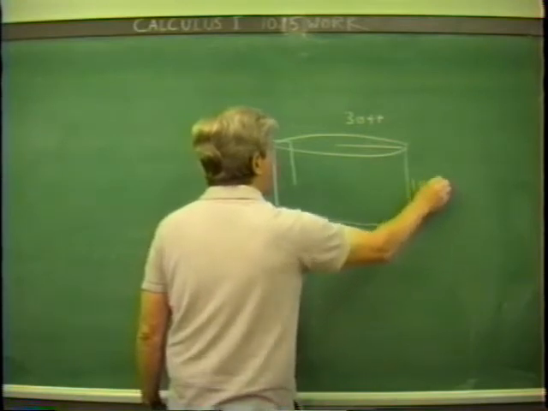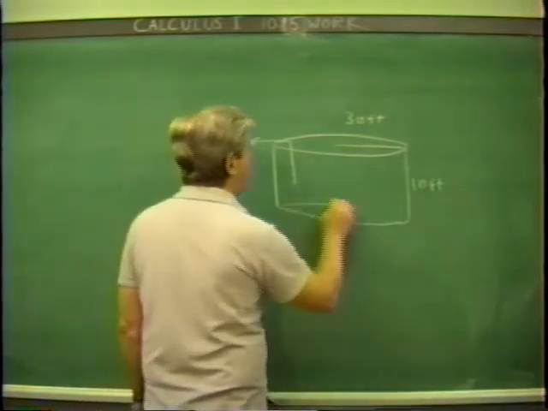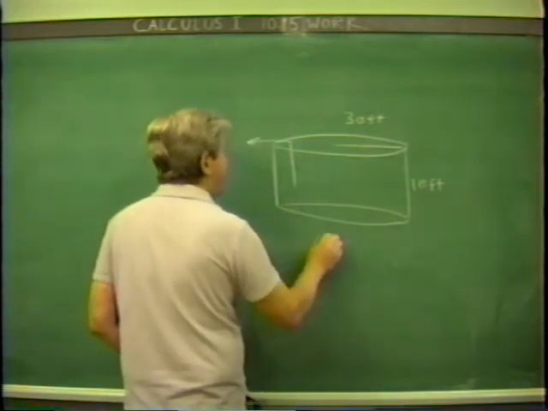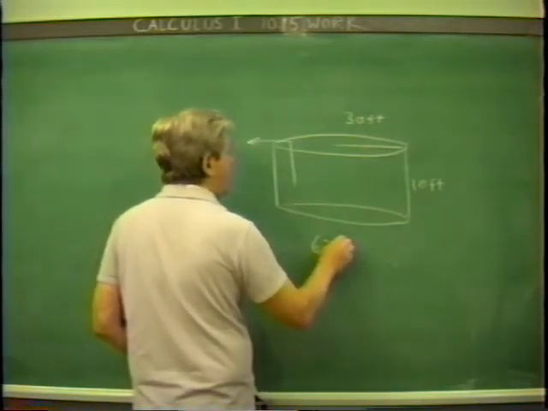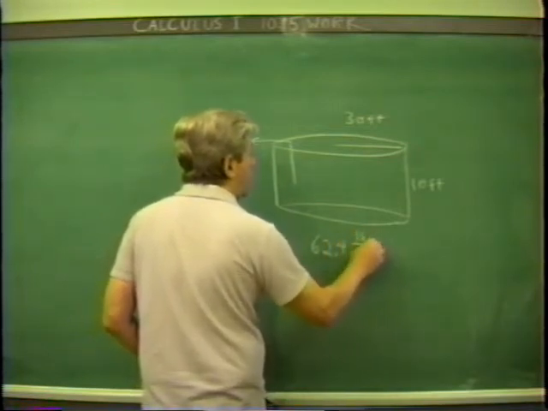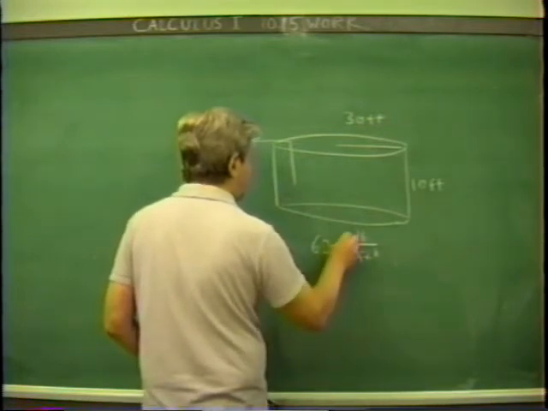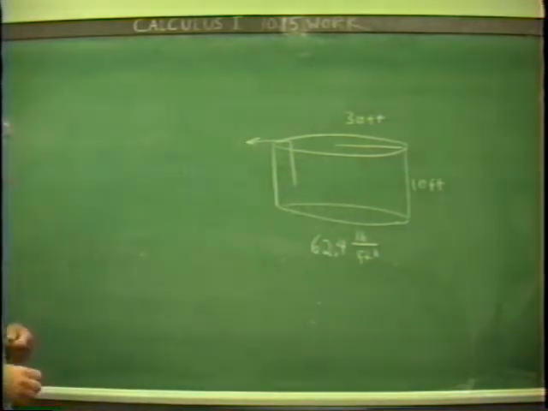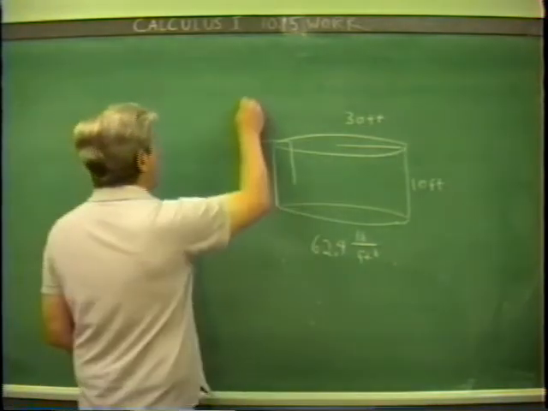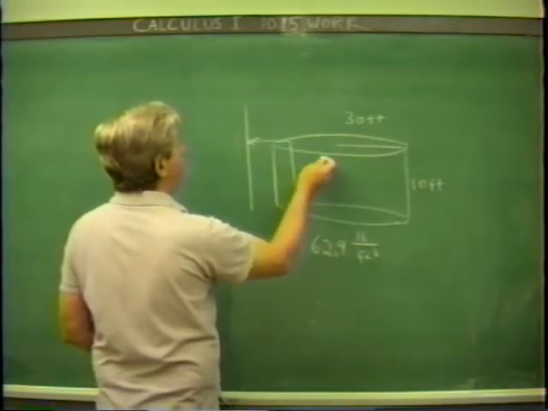Let's suppose that this thing has a 30-foot radius and a height of 10 feet, and the water that was inside was standard ordinary water with 62.4 pounds per cubic foot as its density. We want to know how much work is involved.